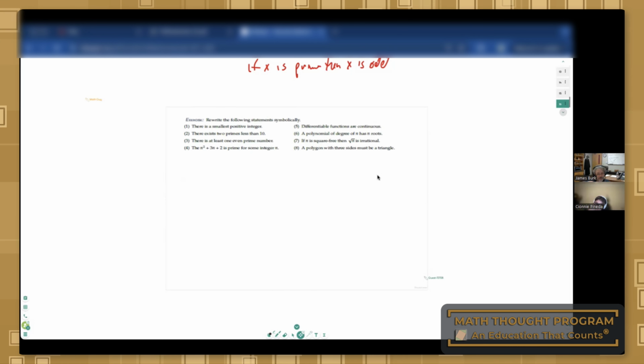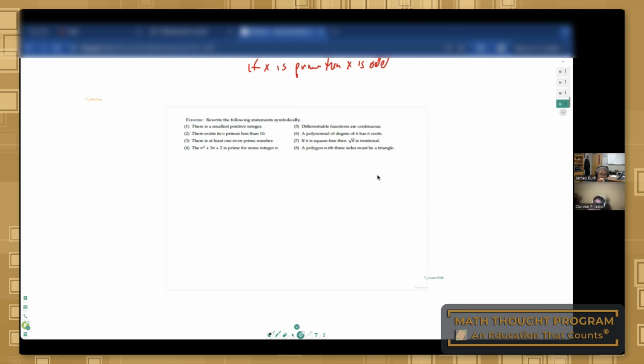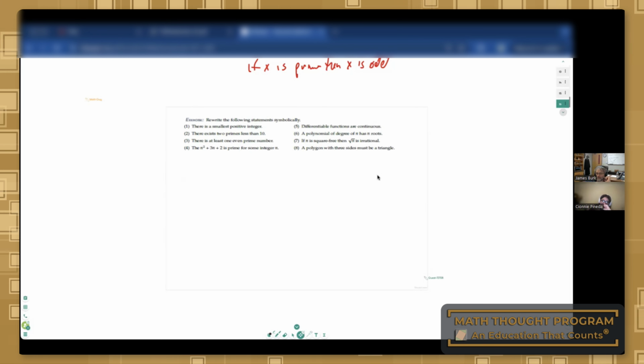Now, again, you do have some flexibility of how you write this. You just want to make sure you capture the logic of the statement. Would it be there exists a polygon?